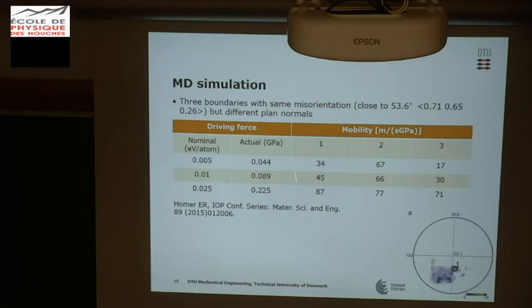the boundary one, which doesn't move, has a mobility almost of the same order as the other two, sometimes even higher, but that's the best we can get. This clearly indicates that the mobility of this boundary plane normal is not significantly lower than the others.